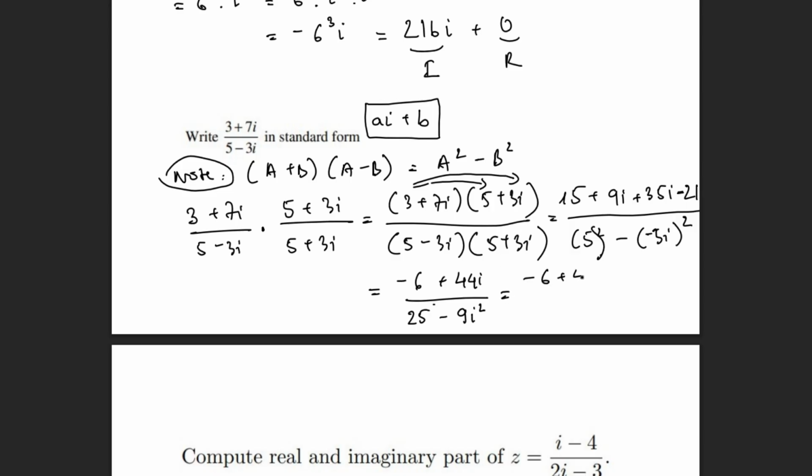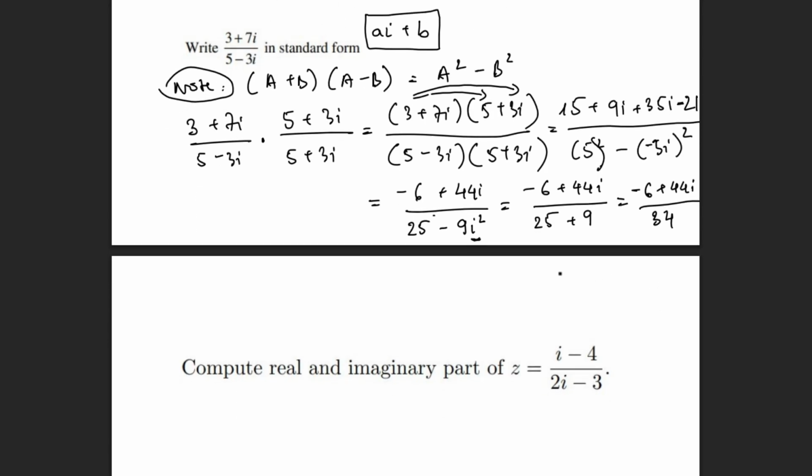So it's going to be -6 + 44i over 25. We remember that i² equals -1. Minus 1 times minus 1 is going to be positive, so it's going to be plus 9. And so it's 44i over 25 + 9, which is 34. Alright, so it's equal to -6 over 34.